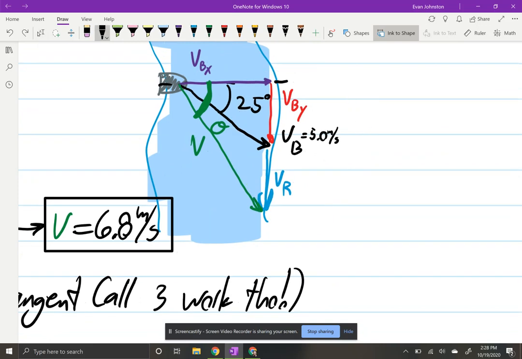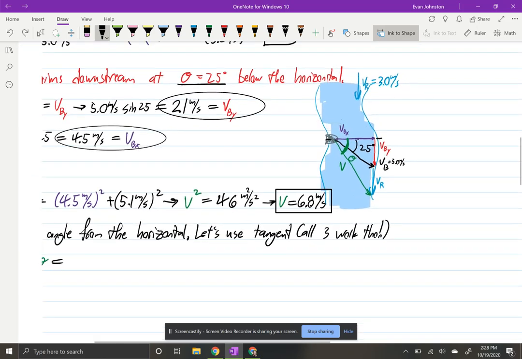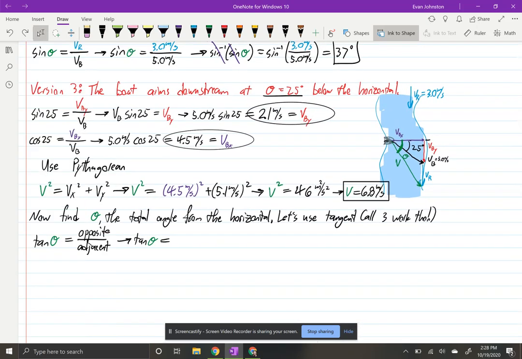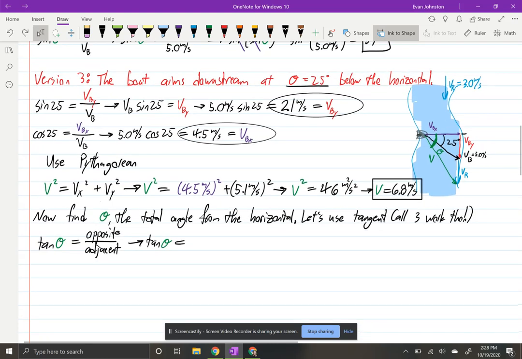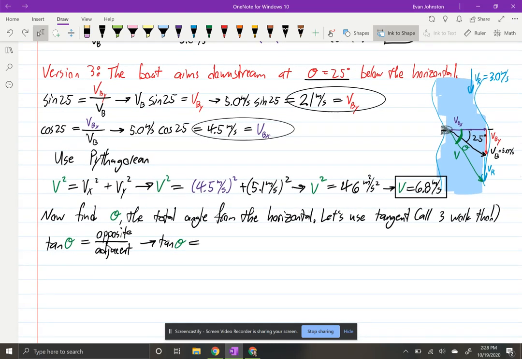So I have the vertical part of the boat's velocity and the river's. So I have this 2.1 plus the river's 3.0, and so I end up having 5.1 meters per second over the adjacent. And the adjacent really is just this x part of the boat's velocity, which we found to be 4.5 meters per second.